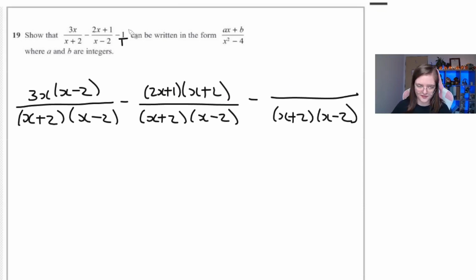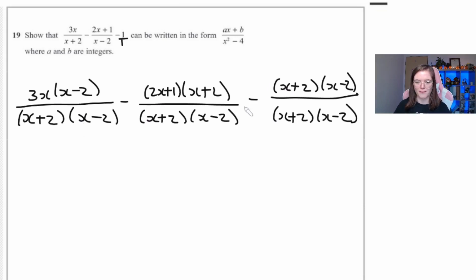And the bottom of the third one, I timesed by x plus 2, x minus 2, because that was one that only had 1 down there. So also times the top by that as well. x plus 2, x minus 2. Very tempting to cancel these out, but remember that wouldn't make nothing, that would make 1, which is back where you started. So we're going to leave that as it is. And then I need to start subtracting all these.